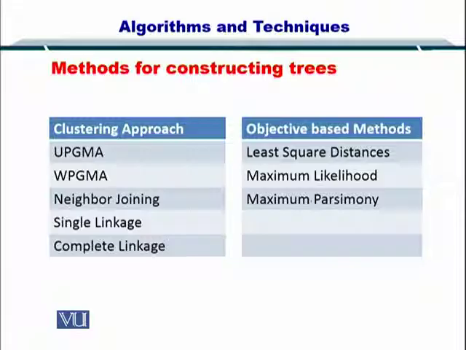Next, the method that I'll be introducing you to is the least squares distance. So we'll be looking at these methods in detail later, but this is just to introduce you to the concept.